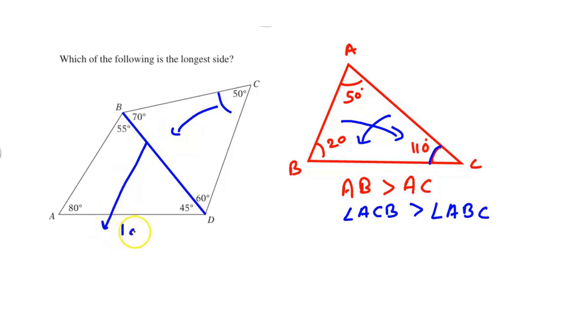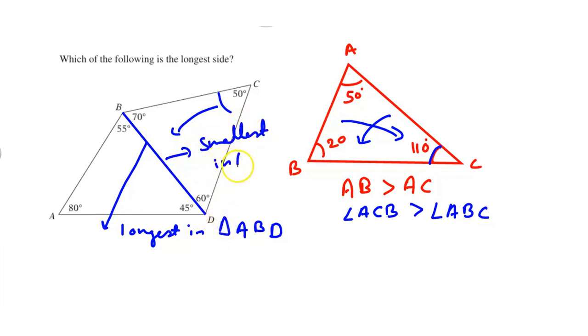BD is longest in ABD. So, no matter what, the other two sides will be smaller than BD. Now, this is the smallest side in triangle BDC. That means all the other two sides are larger. So that automatically means that these two sides are also smaller than these sides.